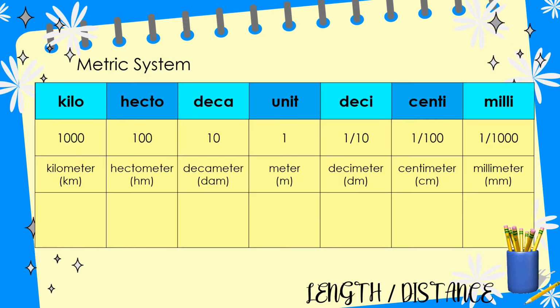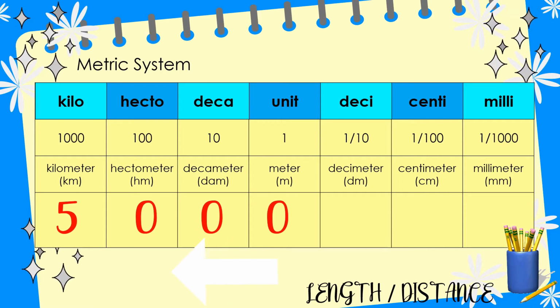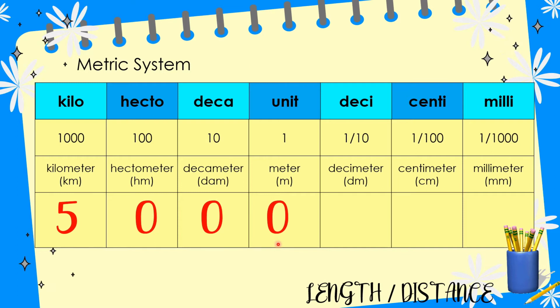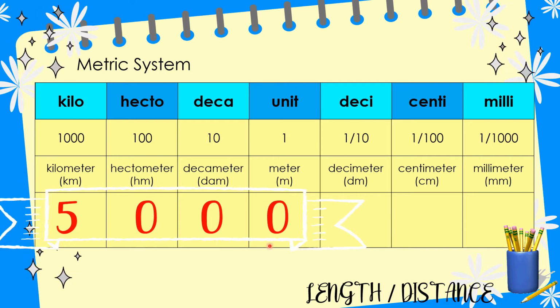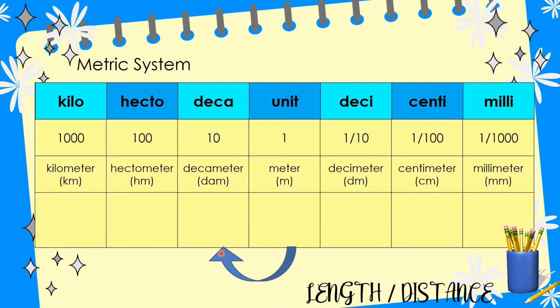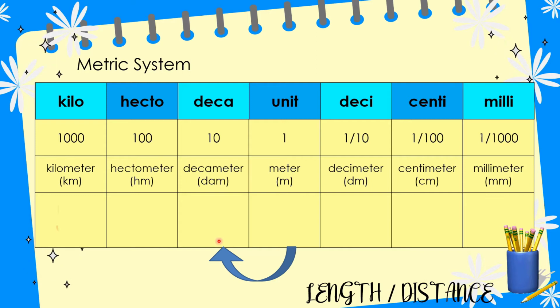Ngayon naman, subukan natin mag-convert from smaller unit papunta sa larger unit. Napansin natin, ang given natin ngayon ay 5,000 meters. Si 5,000 meters, ilipat natin sa decameter. Ano kaya mangyayari? Ayan, mag-move tayo ng isang unit going to the left.